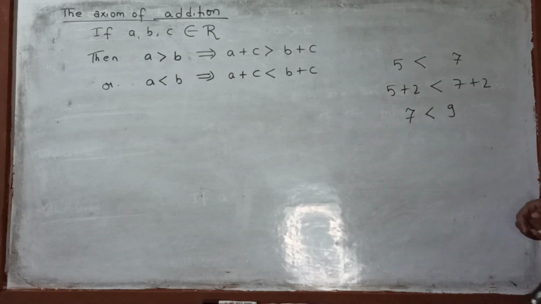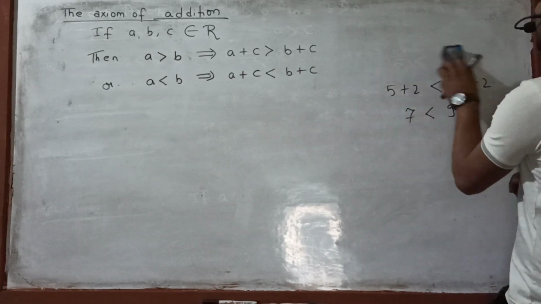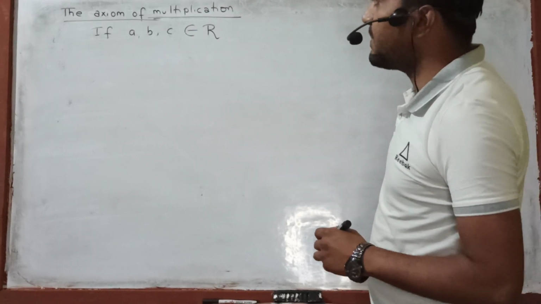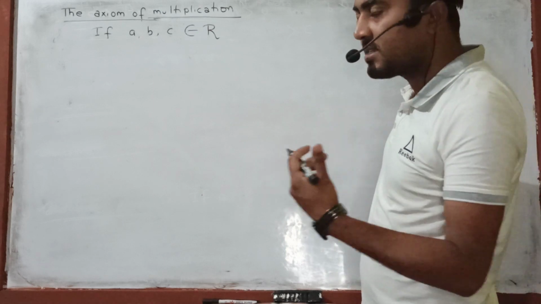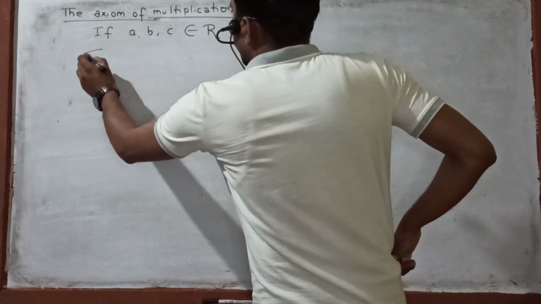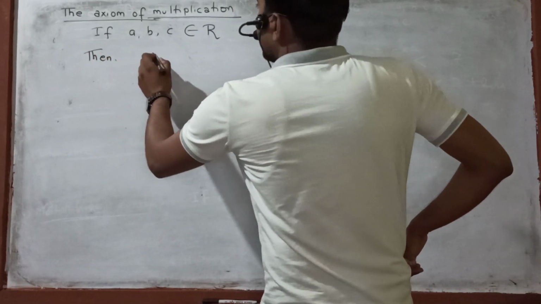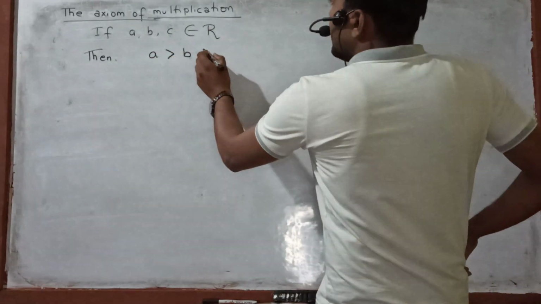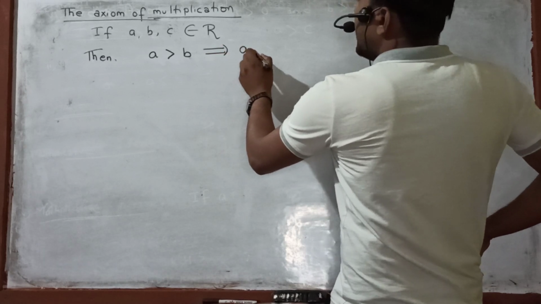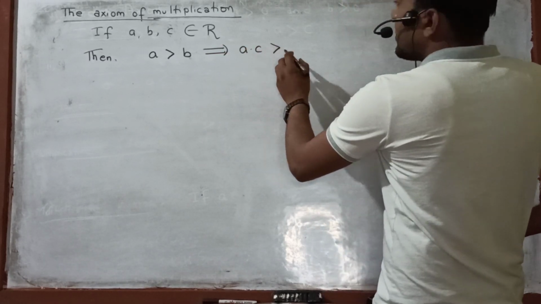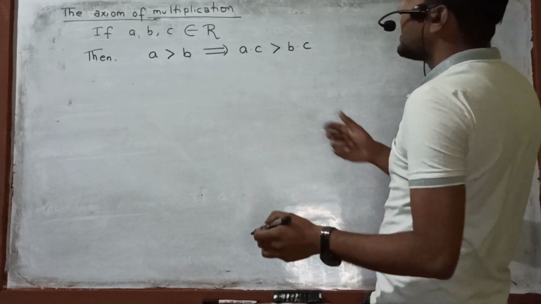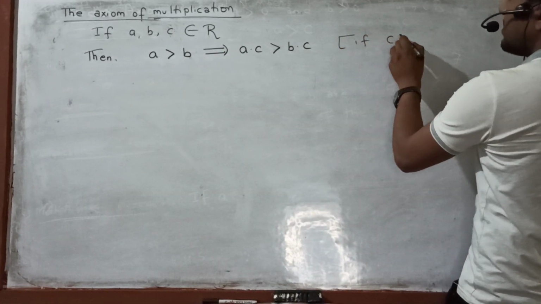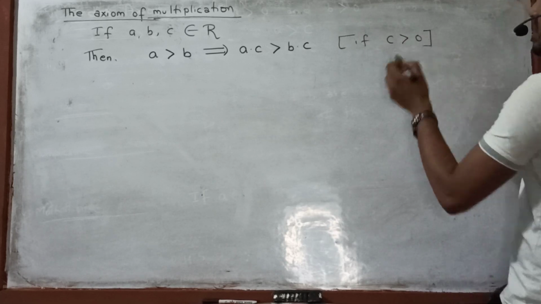So let us go to the axiom of multiplication now. It states that if a, b, c are elements of the set of real numbers, and you are taking any relation, suppose a is greater than b, then this will imply that a into c will be greater than b into c. The sign will not be changed only on the condition that c is a positive number, that is c is greater than 0.